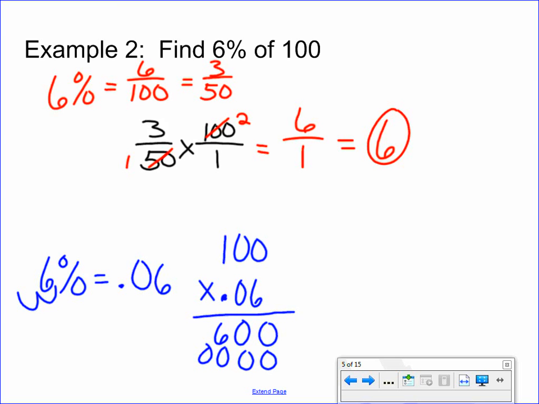Oh, how about that? Not even really necessary to do because all of them end up being 0. So if I do my math here at the bottom, running out of room, I've got essentially 600, but I've got 2 spaces behind a decimal up here, so I need to have 2 down here. Put my decimal there, 6.00, or the whole number 6. Either way works. Again, it's whatever you're most comfortable with.